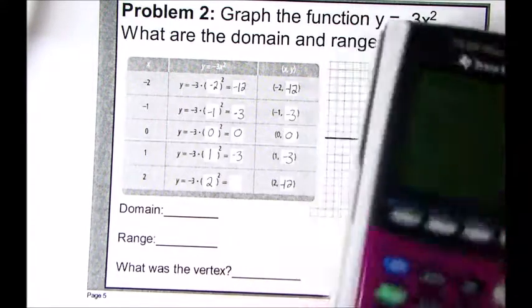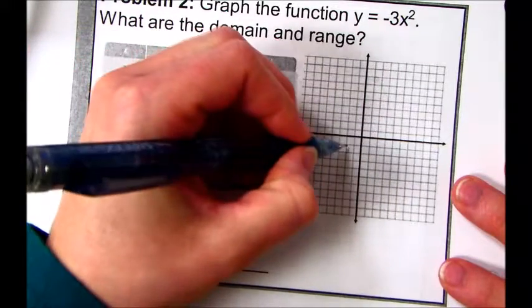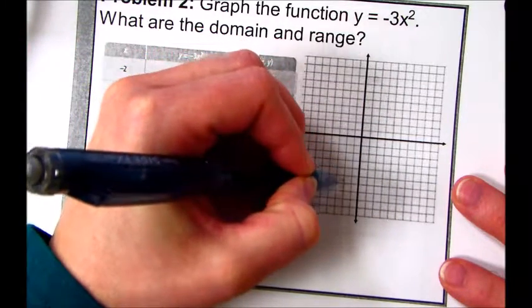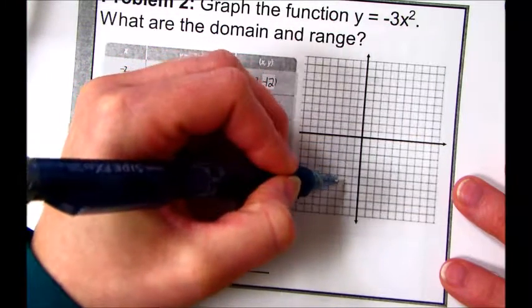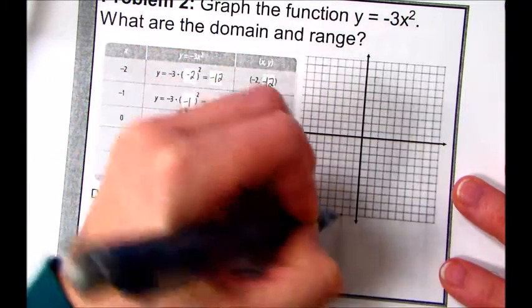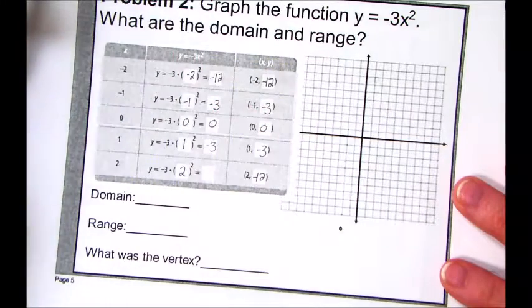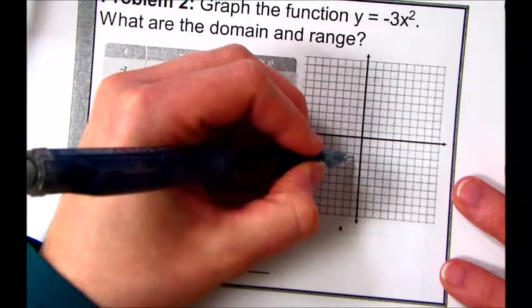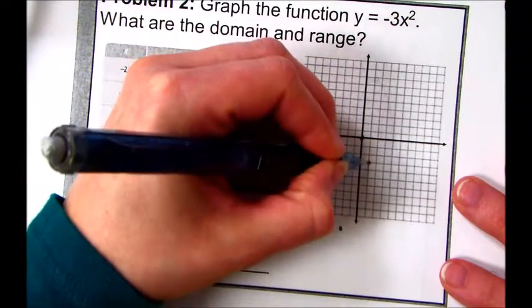All right, let's plot this thing. (-2, -12) is left 2, and down 1, 2, 3, 4, 5, 6, 7. I lost count. Oh, we need 2 extra dots, so I'm going to be lazy. I'm just going to put it right there. (-1, -3), put that there. (0, 0). (1, -3).